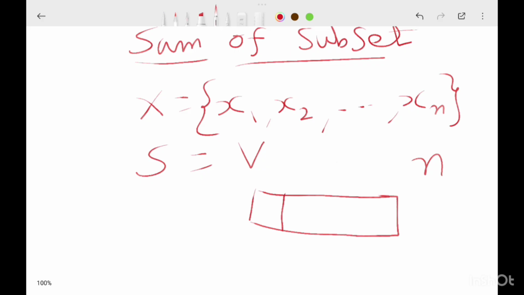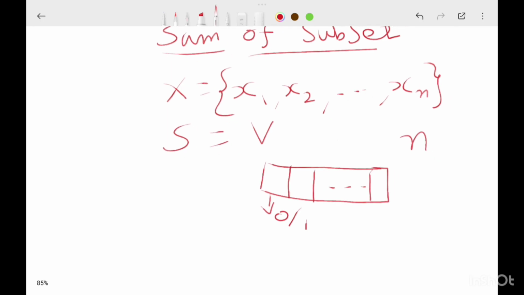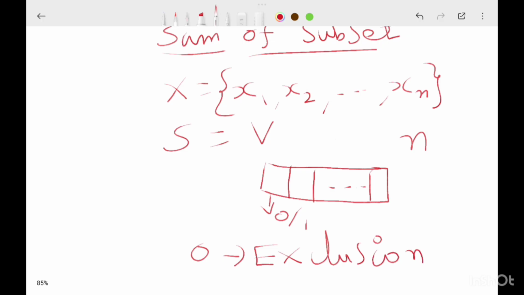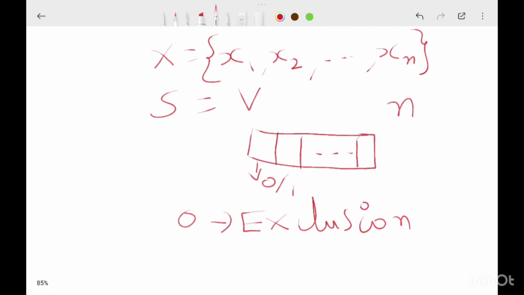So each value in this result is either 0 or 1. So 0 indicates the exclusion of that particular value from the result.